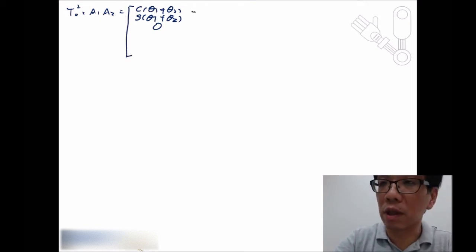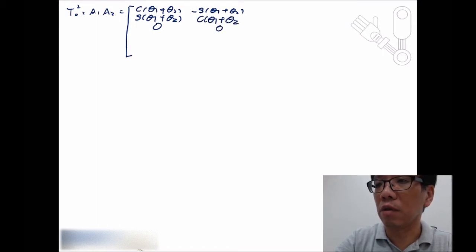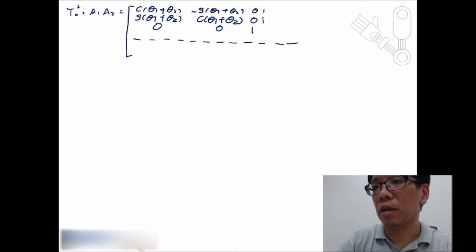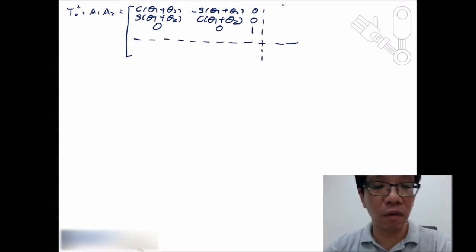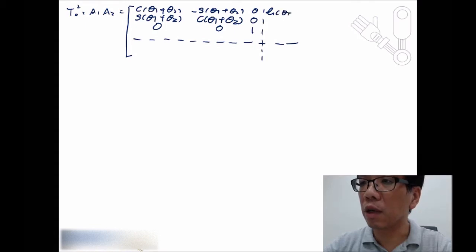Second one over here is negative sine theta 1 plus theta 2, cosine theta 1 plus theta 2, 0. And this one over here is 0, 0, 1. Over here, I have L1 cosine theta 1 plus L2 cosine theta 1 plus theta 2.